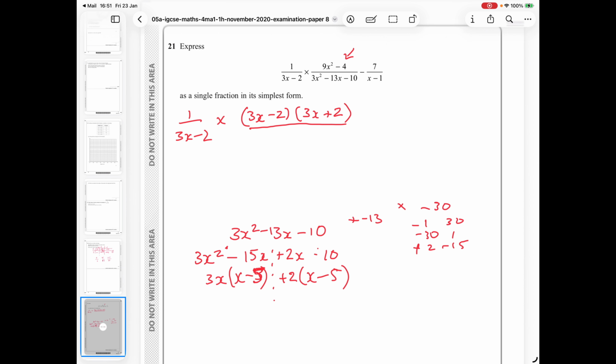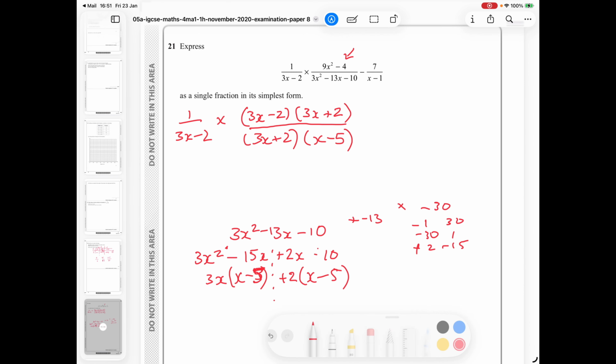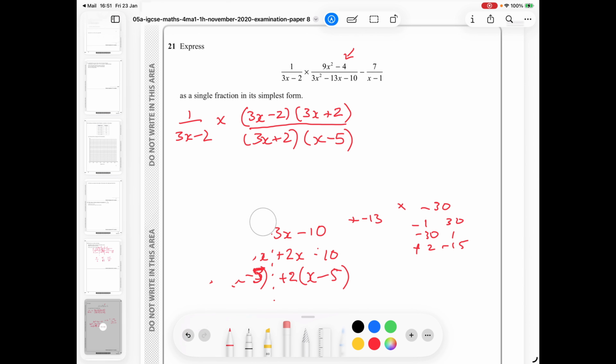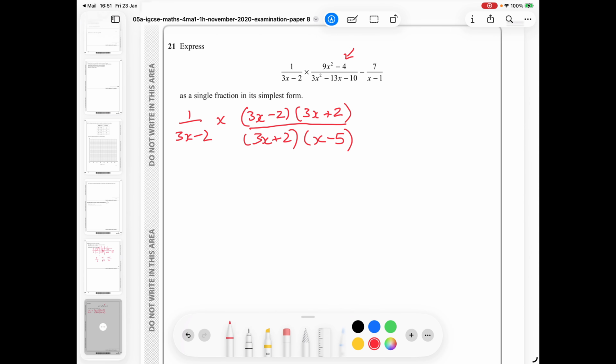So that means we know that this is 3x plus 2, and this is x minus 5. You probably have to leave all this in if you're doing it, or do it slightly to the side, but I'm just going to rub it out because otherwise this is going to look a complete mess. And then that all has to happen before I do anything else, and that's minus 7 over x minus 1.